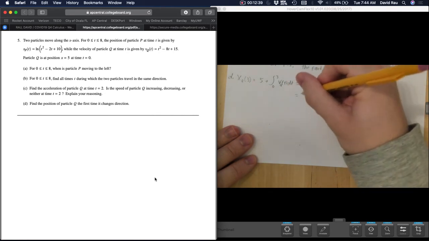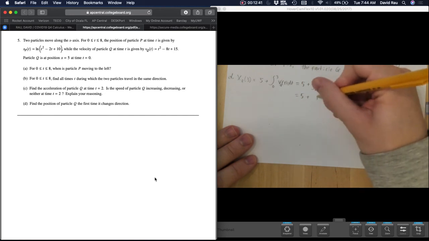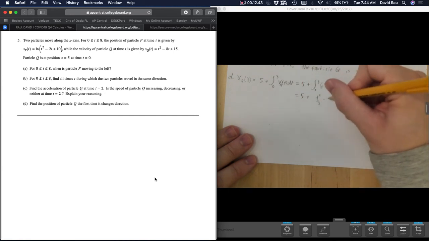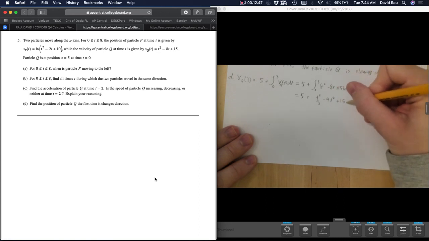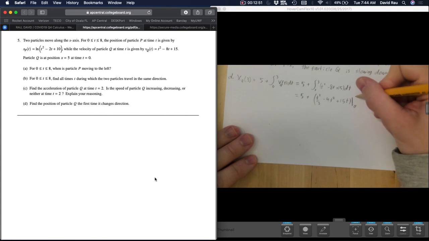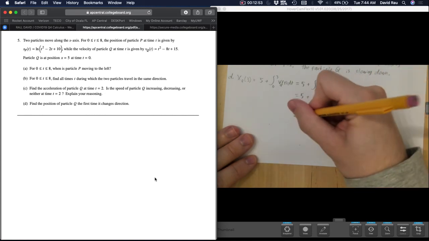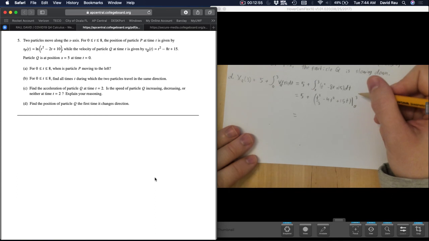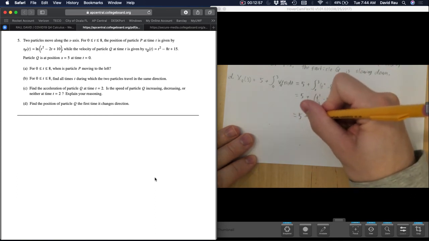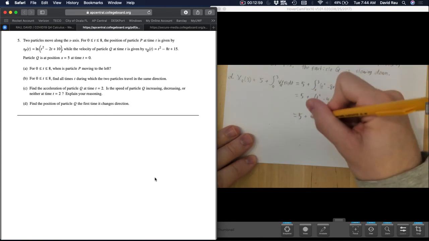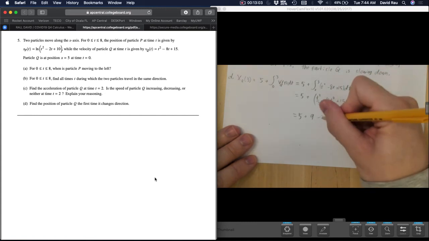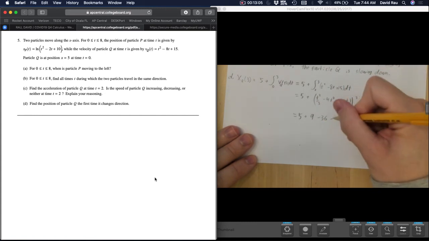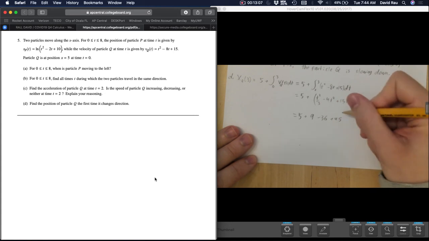All right, and this is going to be 5 plus t cubed over 3 minus 4t squared plus 15t. Luckily, we're evaluating this from 0 to 3, because when we evaluate this at 0, all that goes away, so it's really just 5 plus, that's 9 because it's 27 over 3, that's negative 36, and that's 45.